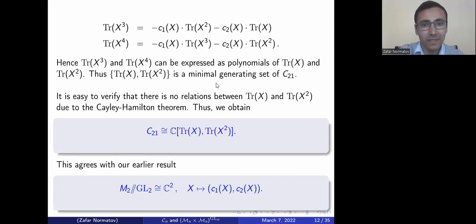And also there is no relation between trace x and trace x squared due to the Cayley-Hamilton theorem. Thus we obtain the following isomorphism. Also this agrees with our earlier results. The quotient is isomorphic to C^2, where each matrix maps to the following tuple.